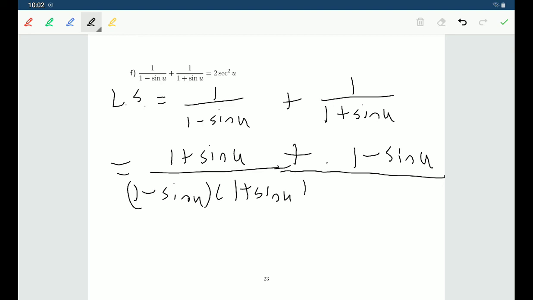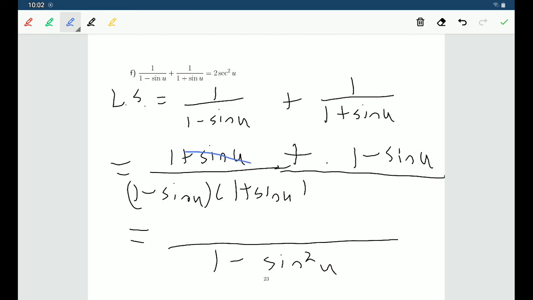So we actually have a few things that we can do in one move here. Number one, in the denominator, that is just 1 minus sine squared u. And in the numerator, you have a couple of things that cancel. The plus sine u and the minus sine u cancel, and so we're just left with 2 in the numerator.